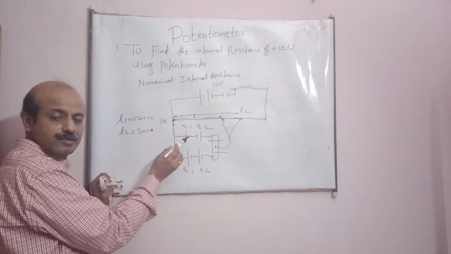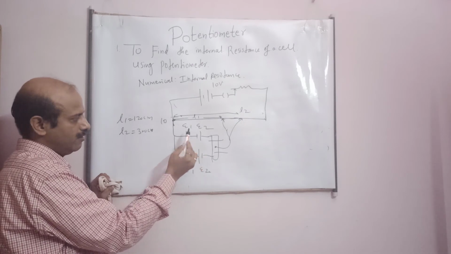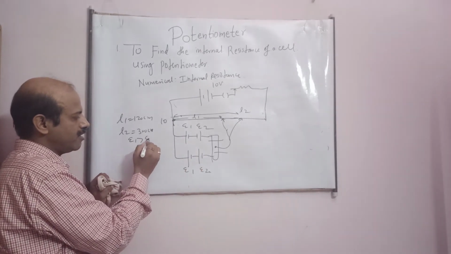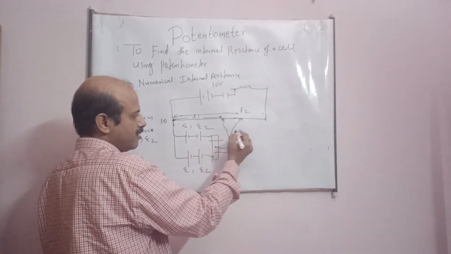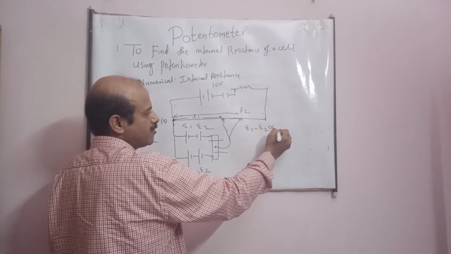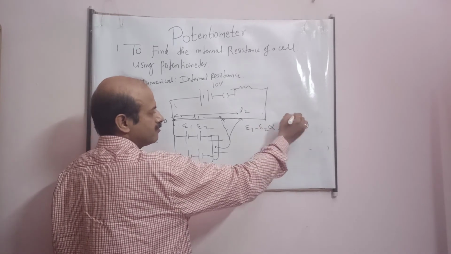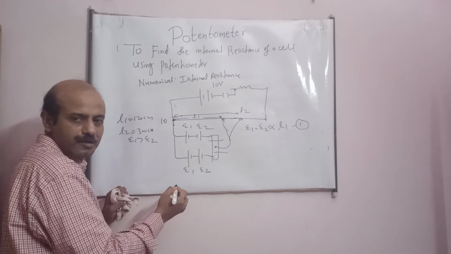Now one basic point here, student. Here the negatives are connected together, student. And suppose it is given E1 is greater than E2. So in this case the net EMF balanced is proportional to L1, student. In the other, negative and positive are connected.